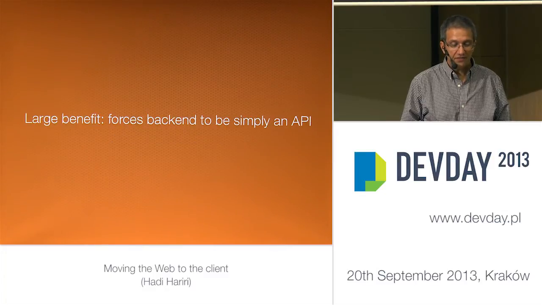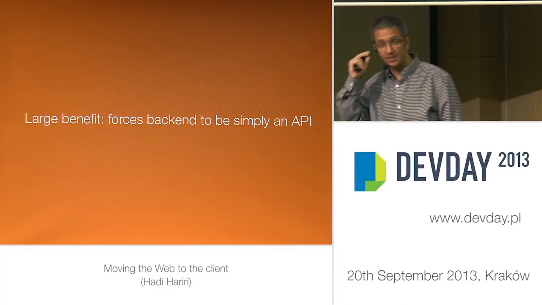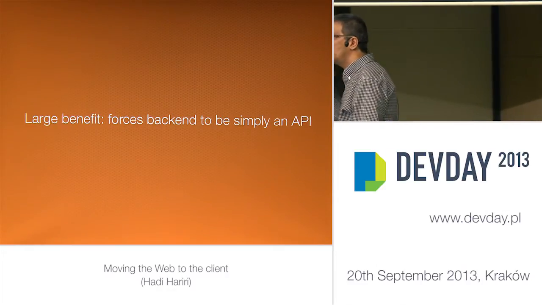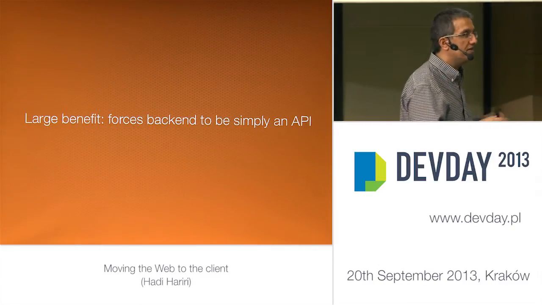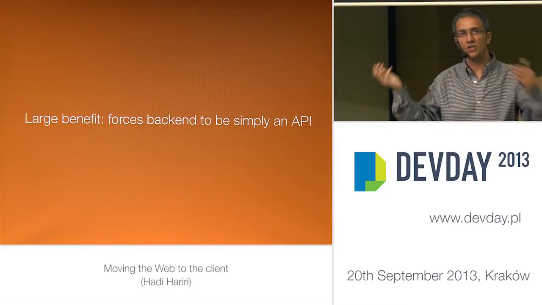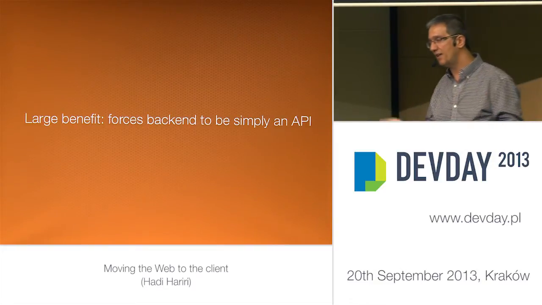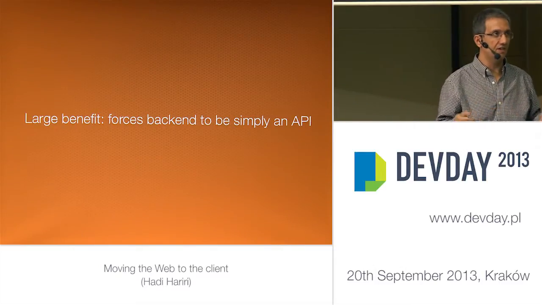But one of the things that I've found as a benefit is that it forces me to think about the backend as simply an API. And whether you want to do everything with client-side frameworks or not, I think this is an important concept. I go back to the field that you guys know, which is .NET development. Back in the old days, we used to have this thing called ASP.NET MVC.